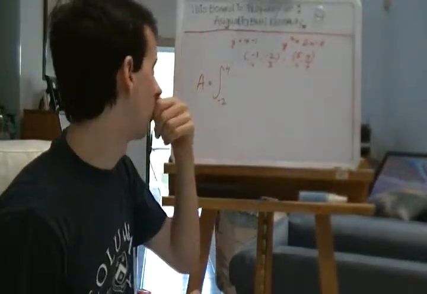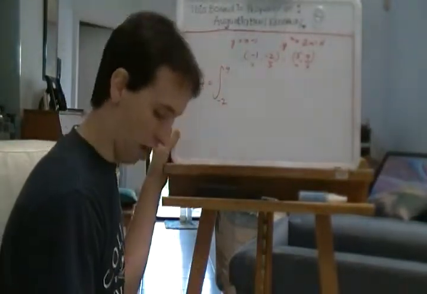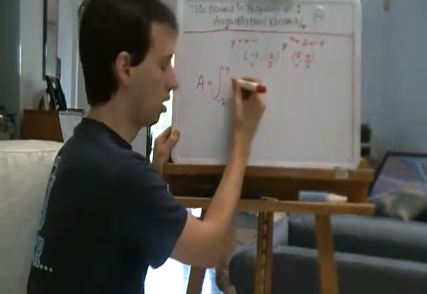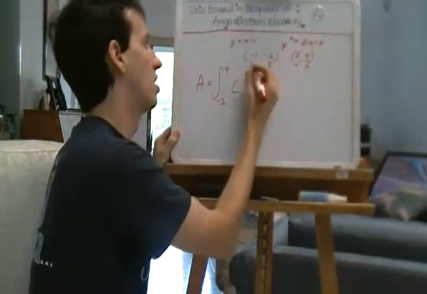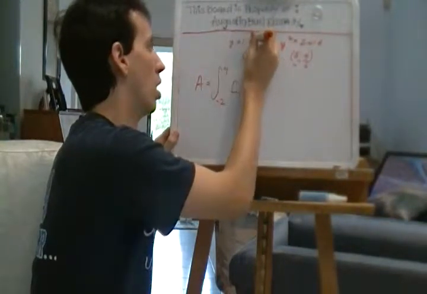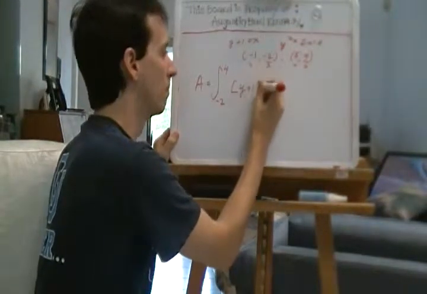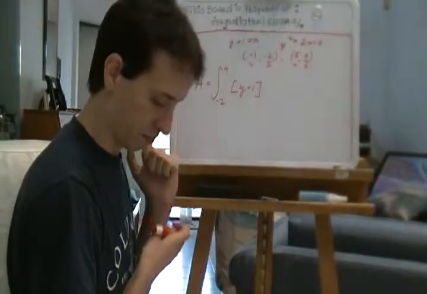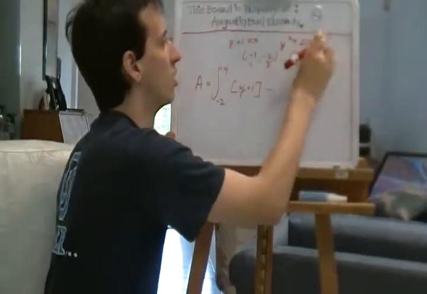Alright, we don't need to take the square root now, so we can just plug in what y is. What is x? X is y plus 1. That's easy. Y plus 1 minus, solve this for x.